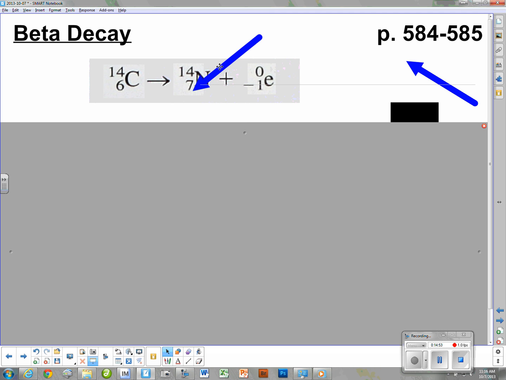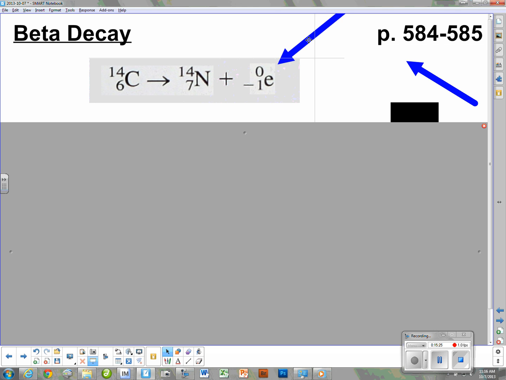So, where'd the extra proton come from? Okay, we had a turncoat. One of the neutrons in the carbon changed to a proton. Weird, huh? And in order to do that, it had to discharge an electron. That's the first take on it.